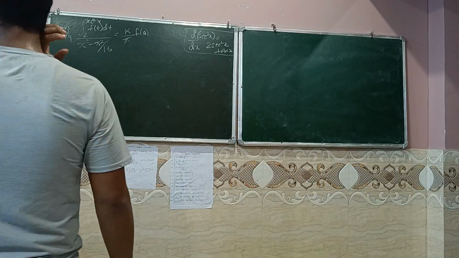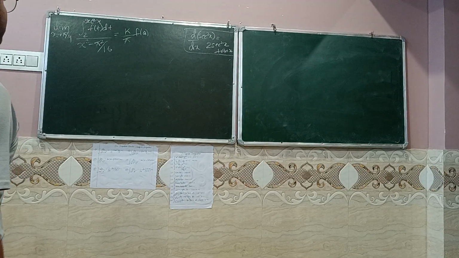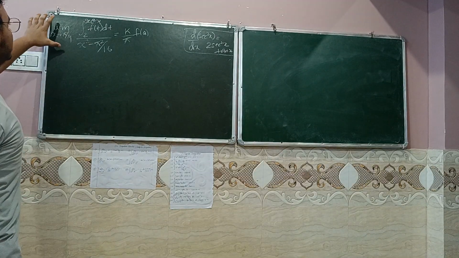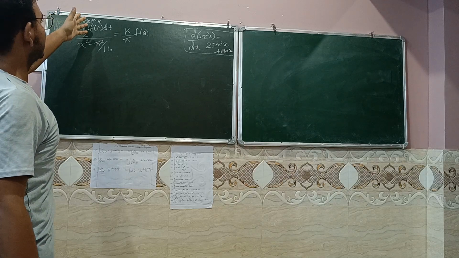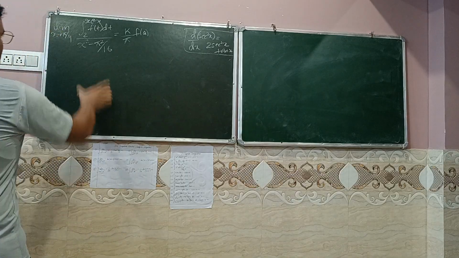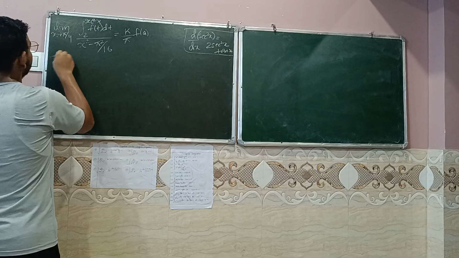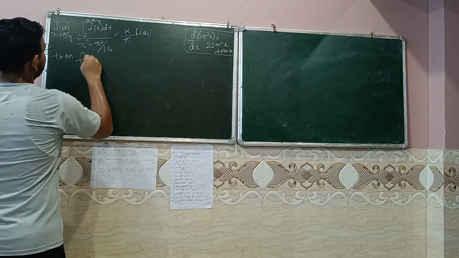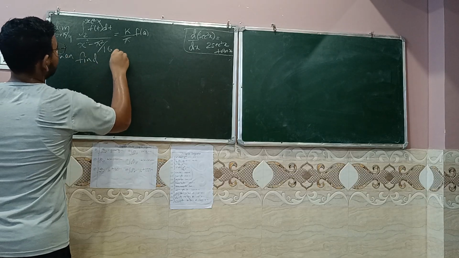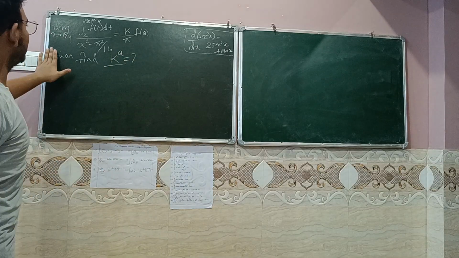Okay, so let's come up with the question. Right here we have a limit, and an integral in the numerator, and in the denominator we have something like this. We have to compare this and find the value of k to the a.